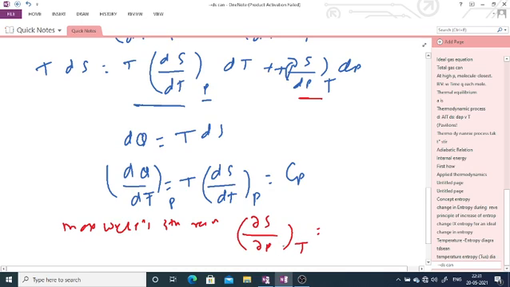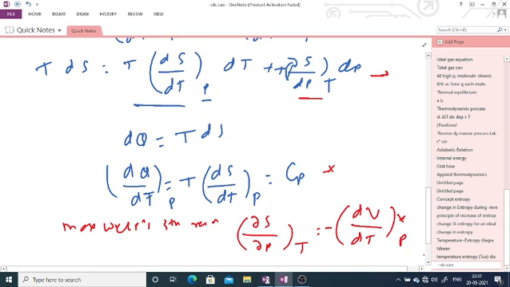Here we have pressure, entropy and temperature, and the remaining one is volume. So you use volume, with temperature constant. But here there is a negative sign, so you have to keep it negative.